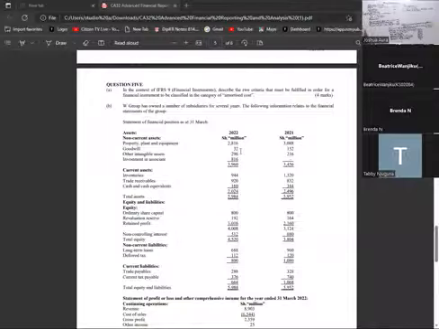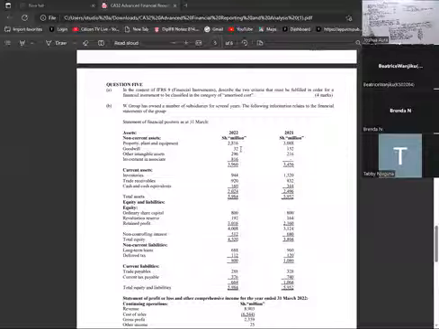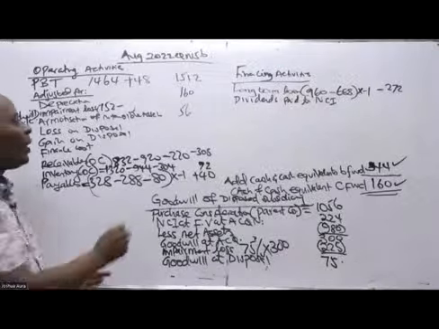And how do we do this? It's very easy. We take the goodwill brought forward, this 152, and we subtract 32, the goodwill carried forward.